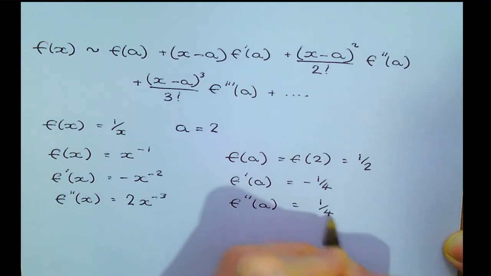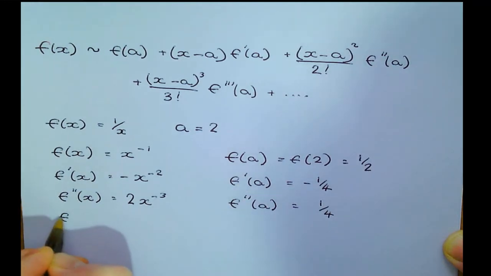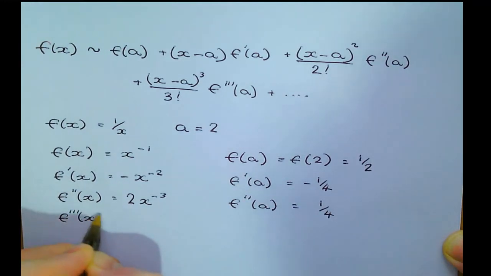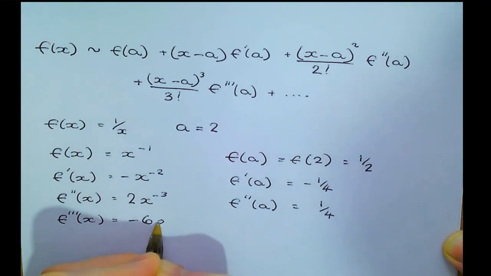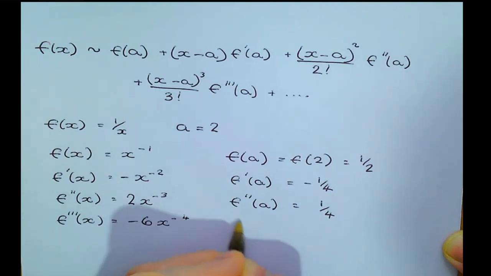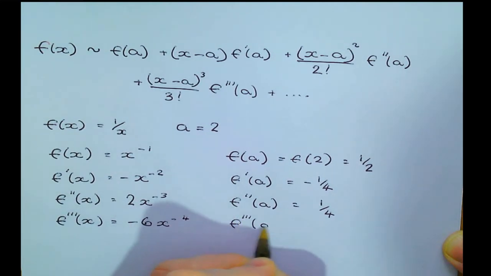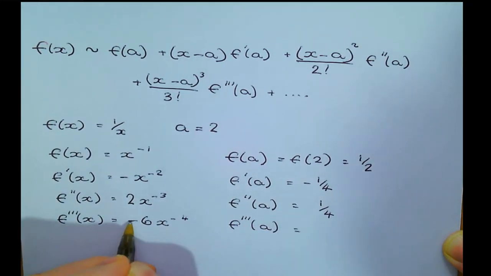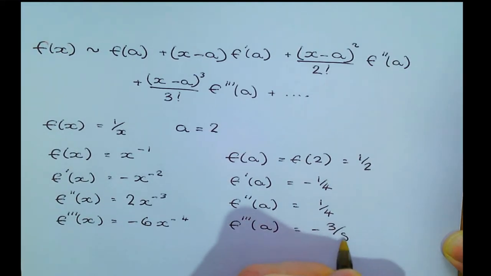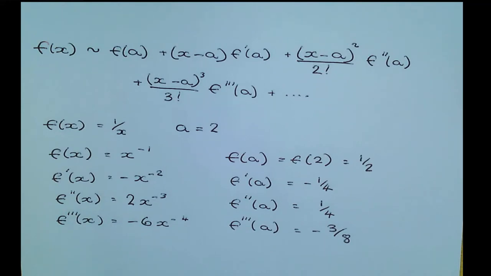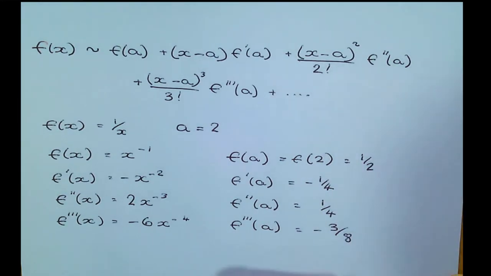It will be plus 1/4. The third derivative, 2 times minus 3, that's minus 6, times x to the minus 4. So the third derivative at a is minus 6 over 16, or minus 3 over 8. We could continue, but we're asked for 4 terms in the series. This will give us 4 terms.